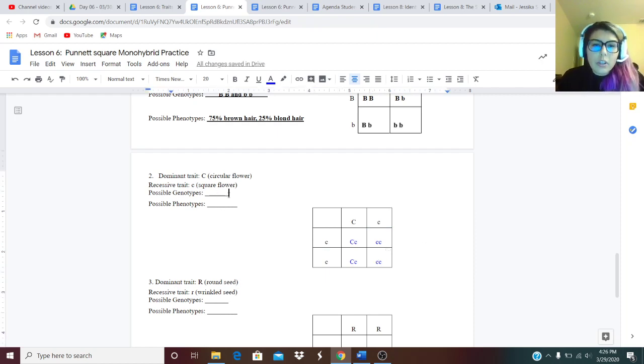Okay, so let's go ahead and fill in the possible genotypes. Now, remember, genotype is going to be the code. Okay, it's going to represent the letters, the code.